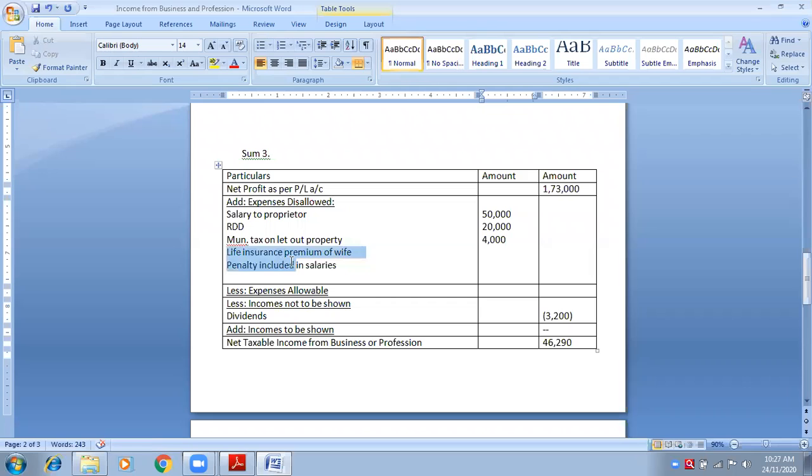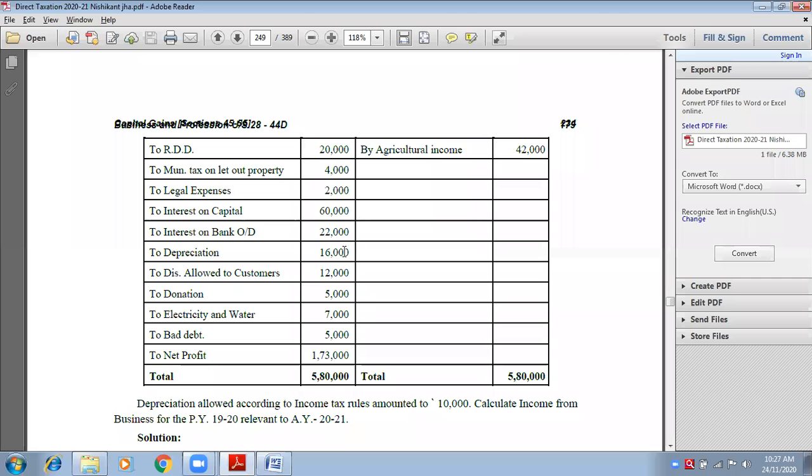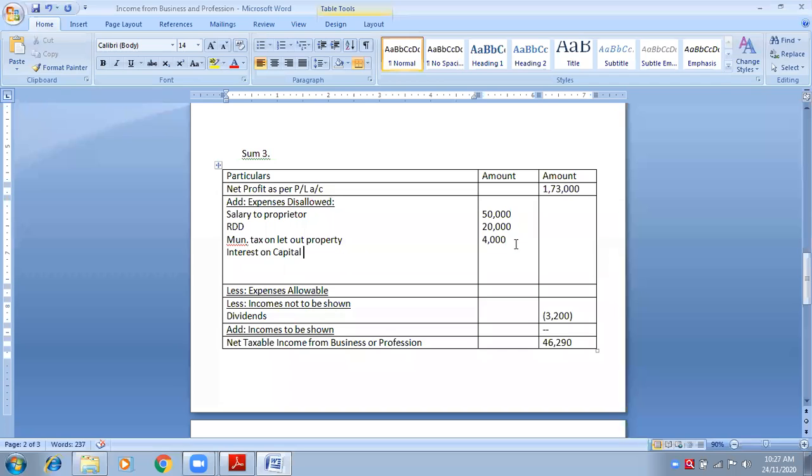Just like salary to proprietor is disallowed, in the same way, interest on capital is disallowed. How much is the amount? 60,000, ma'am. Very good. 60,000. Always disallowed. Fully. 100%.